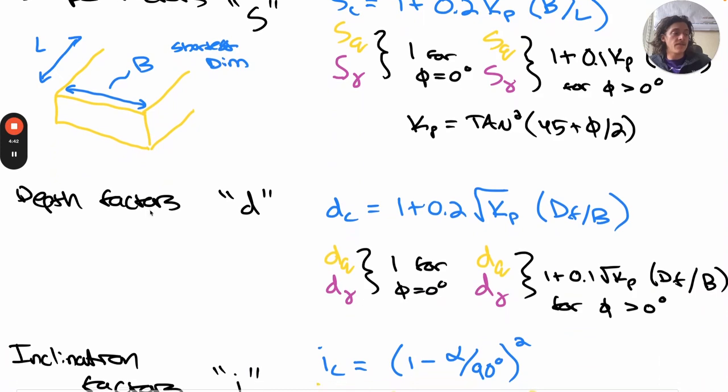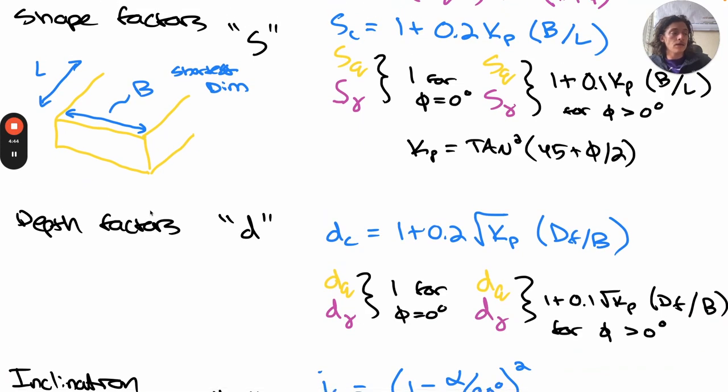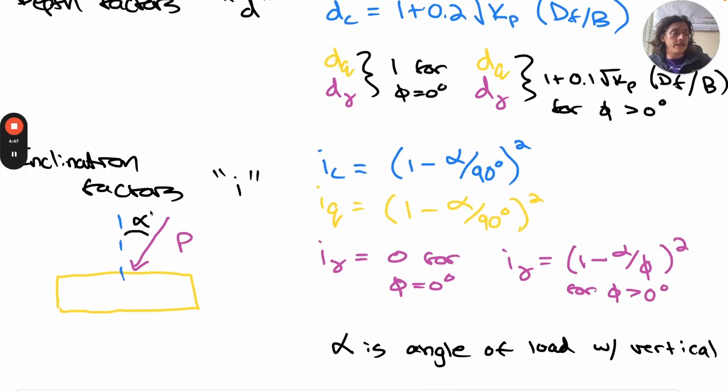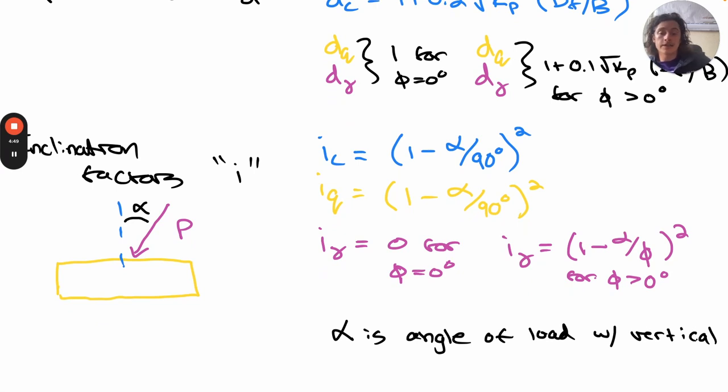Next are our depth factors, and then our inclination factors, where for our inclination factors, our angle alpha is going to be the angle of our load P from the vertical. And this can be neglected on almost all EIA bridge designs because the load is acting straight down with the vertical.